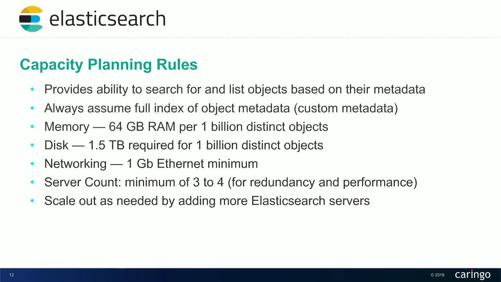What happens is that in Swarm, we have a mechanism that we call a search feed. And this search feed has been designed to work with a schema that is populated into an Elasticsearch farm. And then we point that Swarm search feed to the Elasticsearch farm that we want to use. And all of the metadata that's associated with the objects that are stored in Swarm ends up being cached in the Elasticsearch farm.